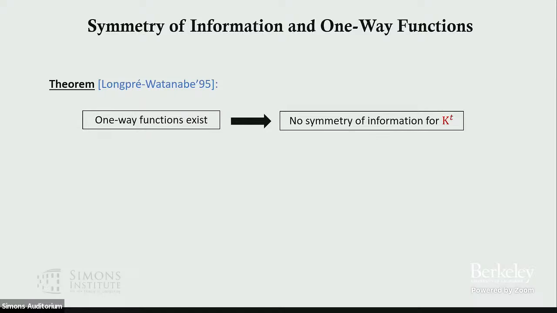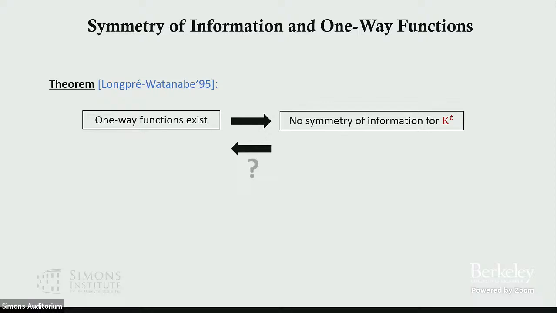Given x, we can compute f(x) efficiently, but given f(x), we cannot get back x efficiently. So although these two strings contain all the information about each other, there is an asymmetry between them when taking time into account. This is the intuition for why, if one-way functions exist, there is no symmetry of information for KT.